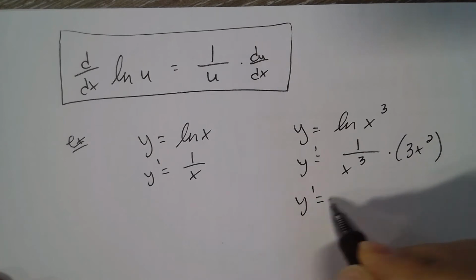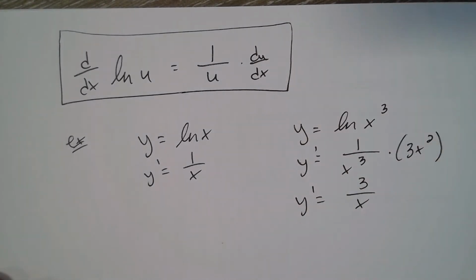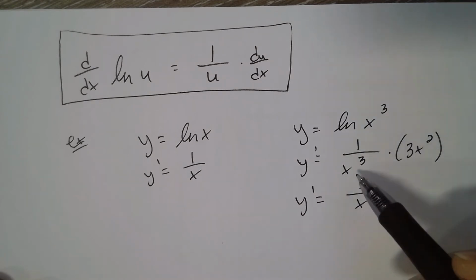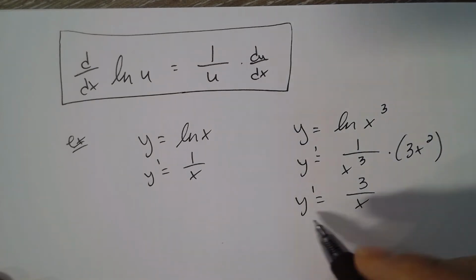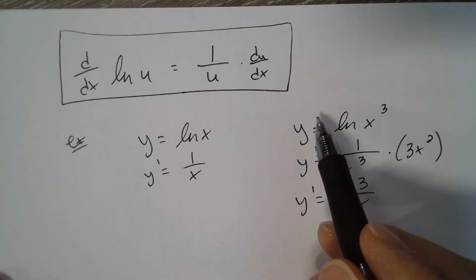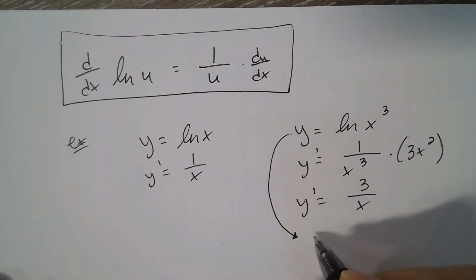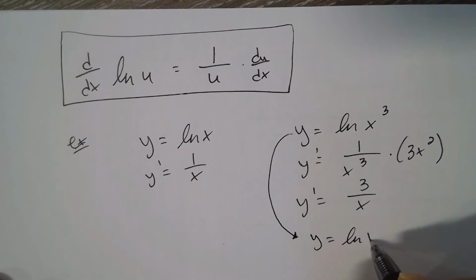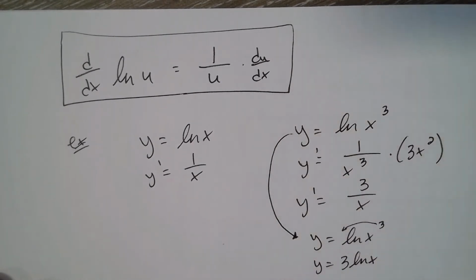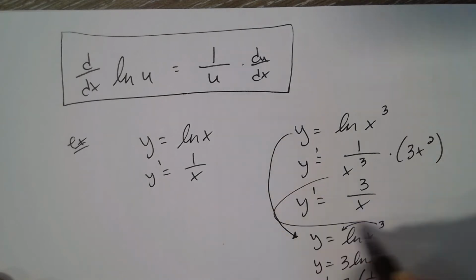So the derivative would be 3 over x: put this on top and then cross off the x squareds. Notice, if you used our log properties, natural log of x cubed is actually 3 natural log x, and when you find the derivative, the 3 floats, and the derivative of natural log x is just 1 over x, so we get 3 over x. Two ways of doing the same problem.